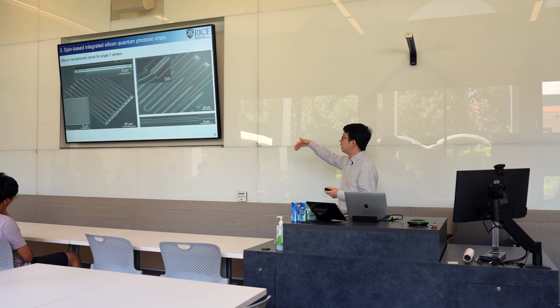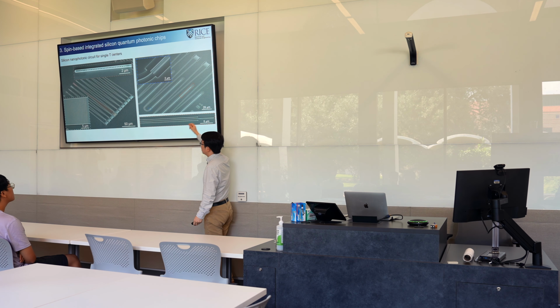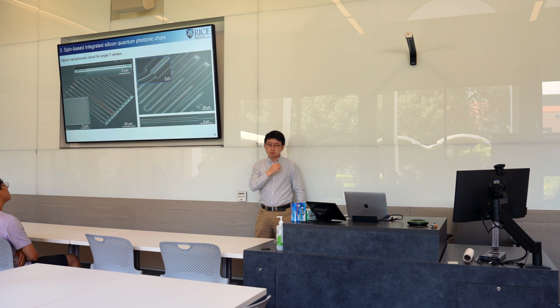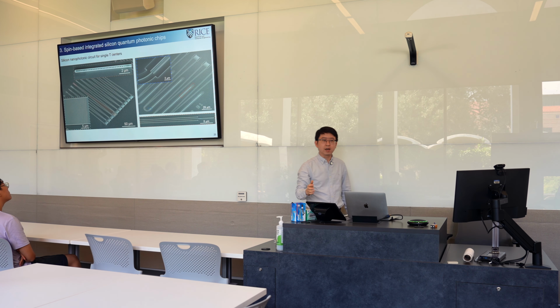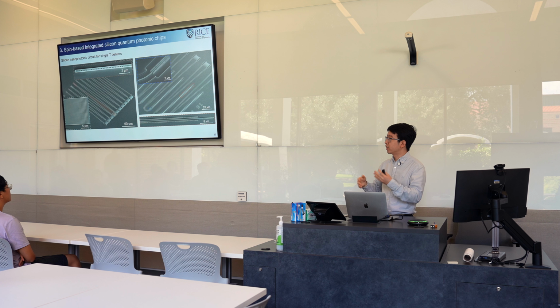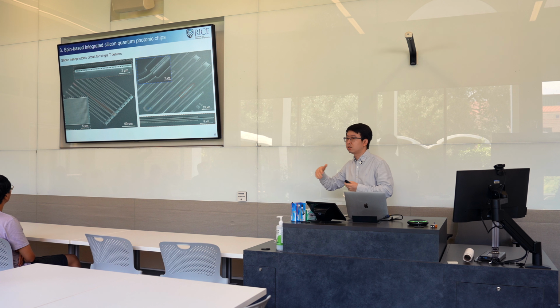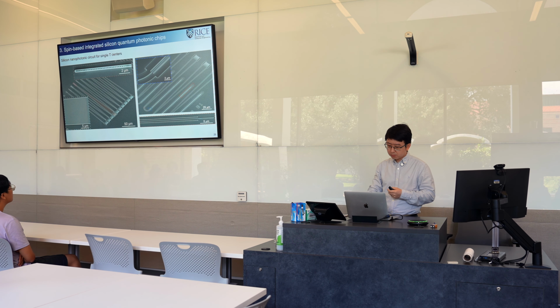So we can fabricate about 30 cavities on both sides of this bus waveguide. So now a single grating coupler is simultaneously coupled with these 30 cavities, and then you can talk to different cavities more easily compared with the left side, because on the left side, a single grating coupler only talks to one cavity. Okay.